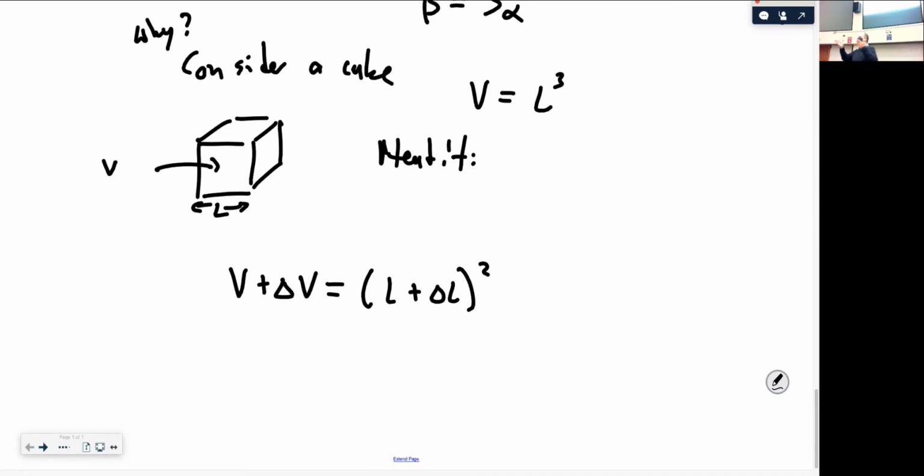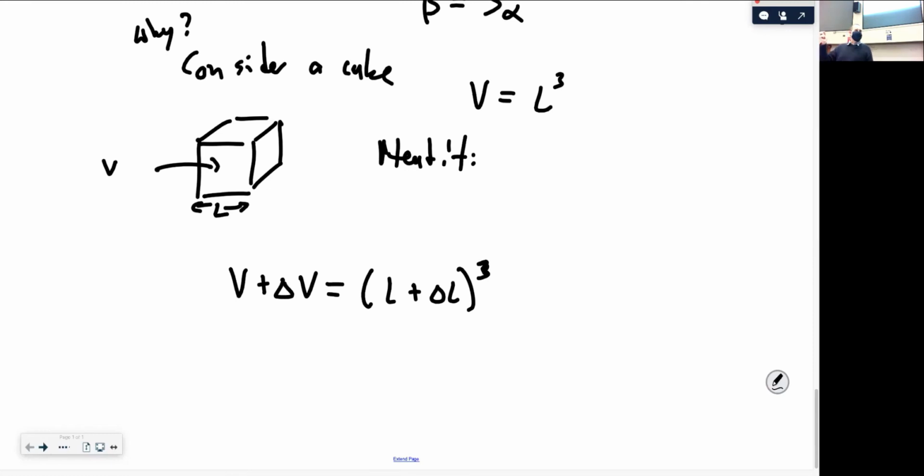Each of those lengths is going to get larger by the same amount. And that new volume, V plus delta V, has got to be the cube of the new lengths: L plus delta L, L plus delta L, L plus delta L. Sorry, I put it squared there. It should be cubed.